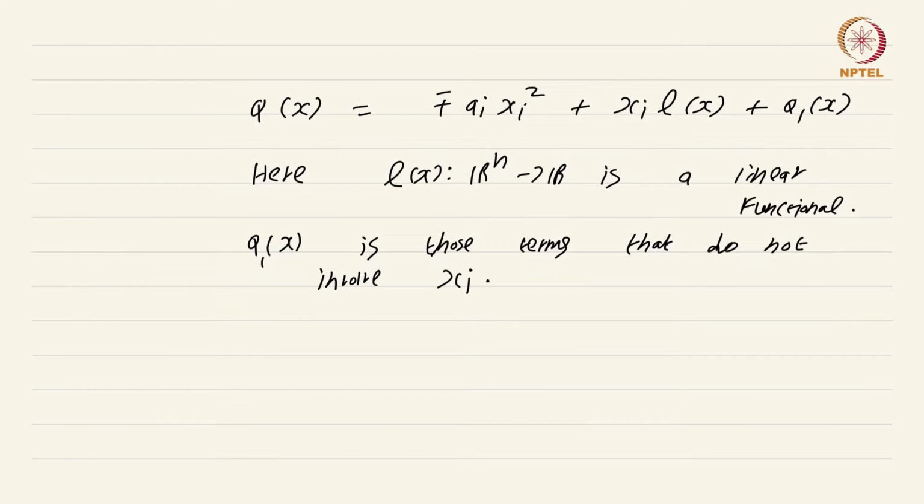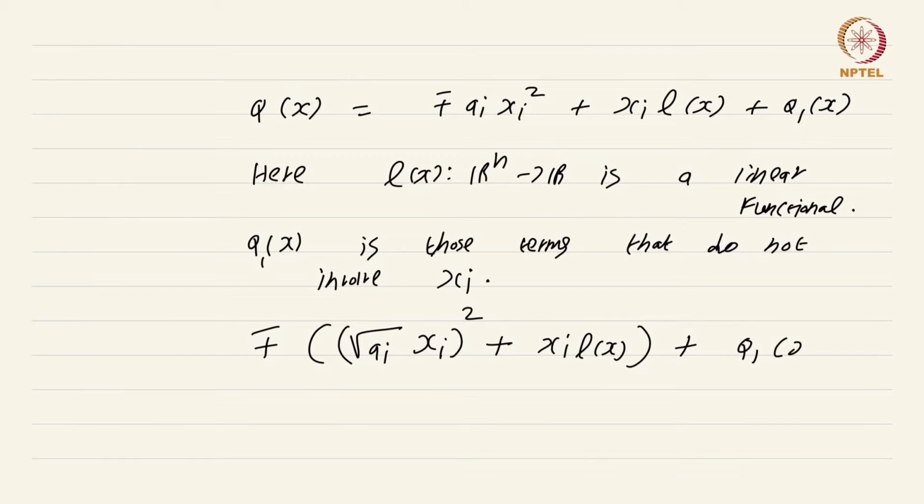Now notice that by possibly replacing L of x by minus L of x, I can club together the first two terms also in the following way. I can write it as plus or minus square root of ai times xi, squared, plus xi L of x plus q1 of x.